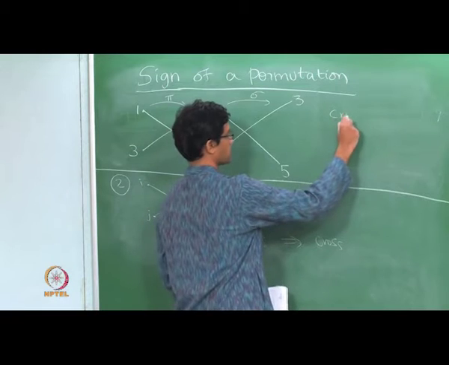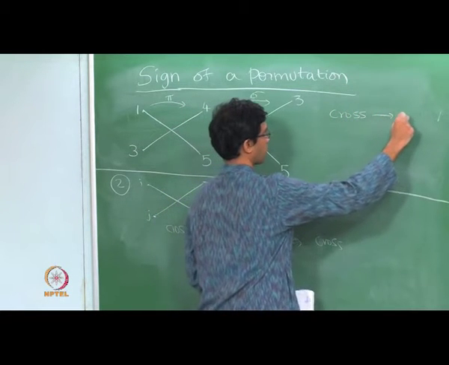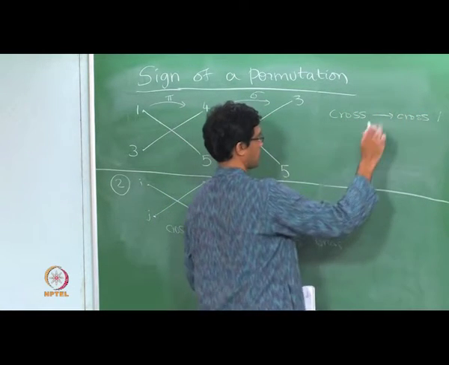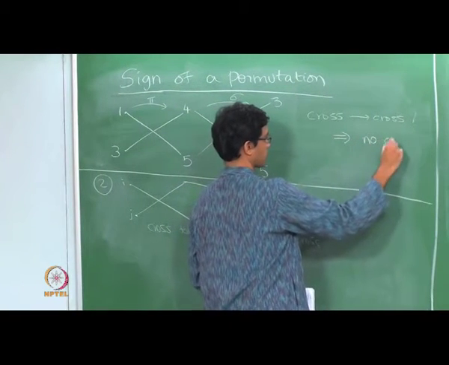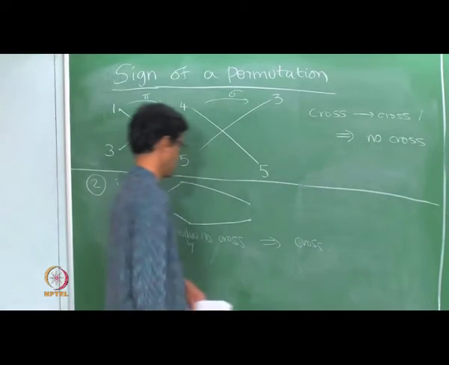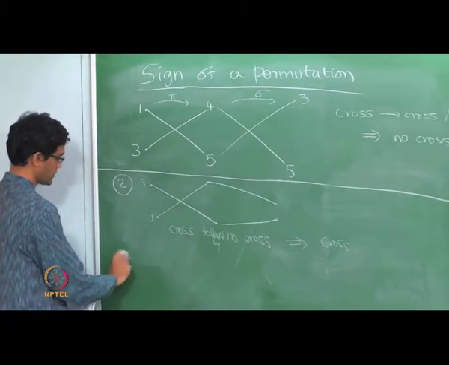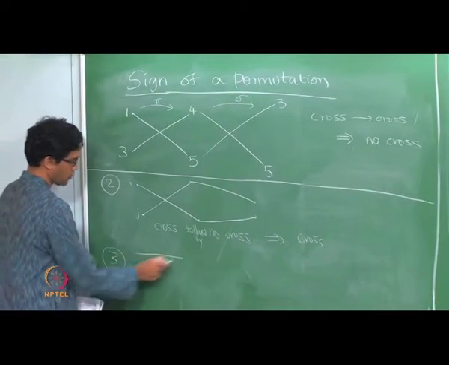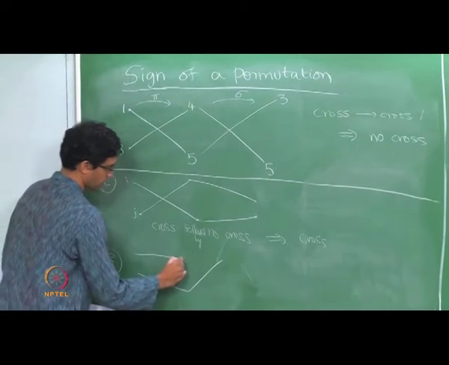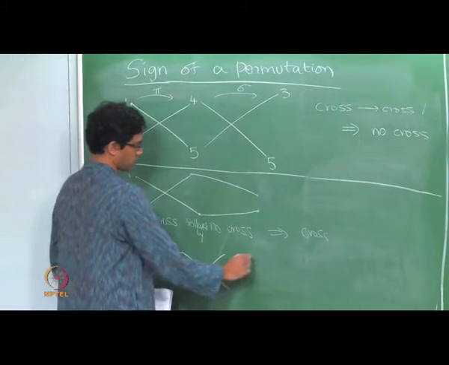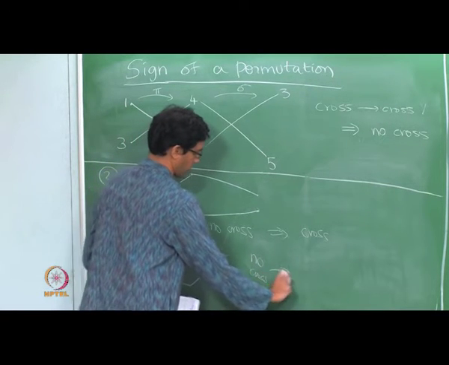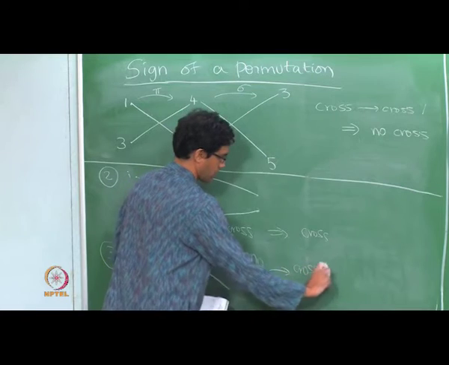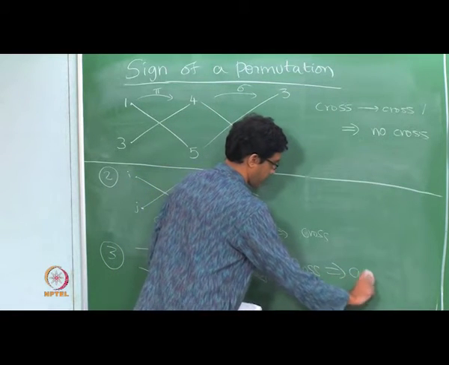So this is cross followed by cross leads to no cross. And similarly you should work out the other situations yourself. So if there is no crossing to start with, but then sigma leads to a crossing, then again there will still be a crossing. So no crossing followed by a crossing would lead to a crossing.